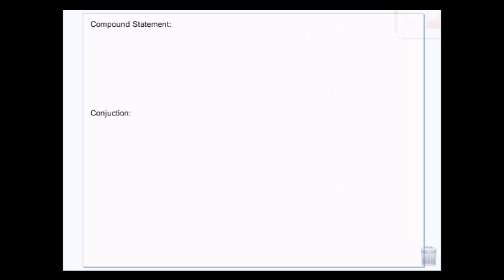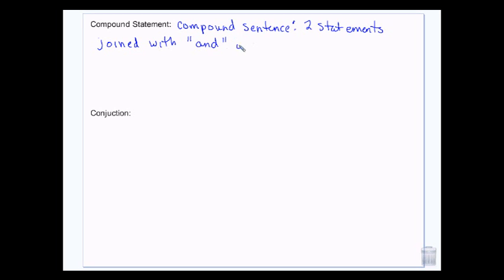A compound statement is like a compound sentence. Okay, it is 2 statements joined with either and or or.